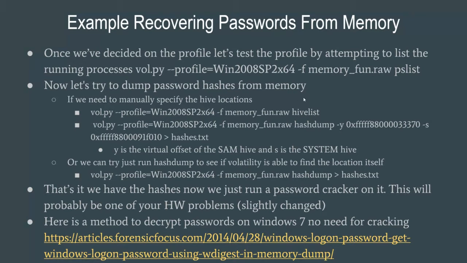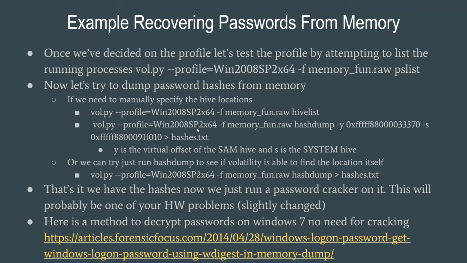So we have that, and now we can define the hive list by running this, if we want to set it manually. We get the addresses through running the hivelist. And once it is live and existent, we can then use hashdump with this switch to dump all the hashes.